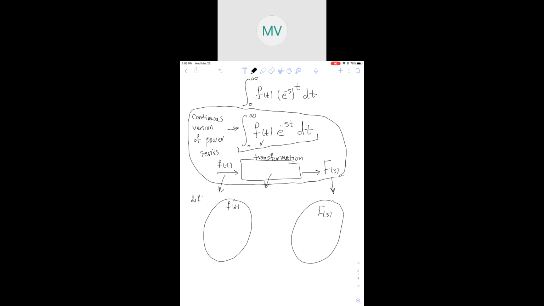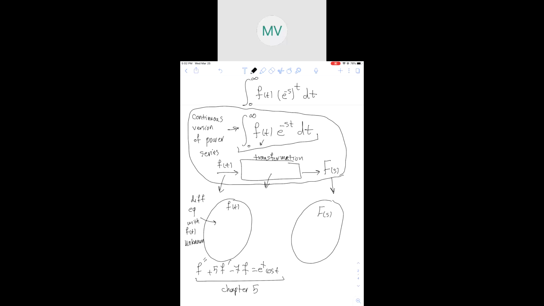Let's say we have a differential equation on this space with f of t as the unknown. For example, f double prime plus 5 f prime minus 7 f equals e to the t cosine of t. That was a non-homogeneous second order linear differential equation we learned in chapter 5.